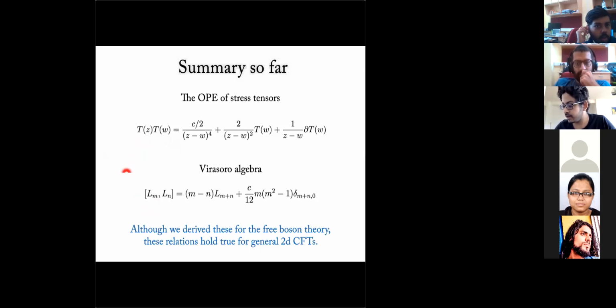One can actually arrive at the Virasoro algebra from the OPE, and it takes this form. Okay, so we worked out things for the c equals 1 free boson theory, but these relations continue to hold more generally in CFTs. Okay, so I come to an end of this part.